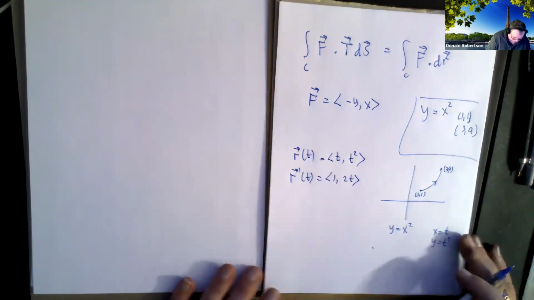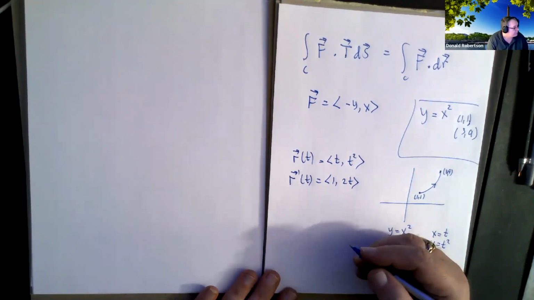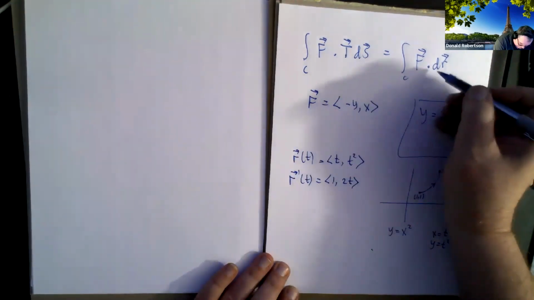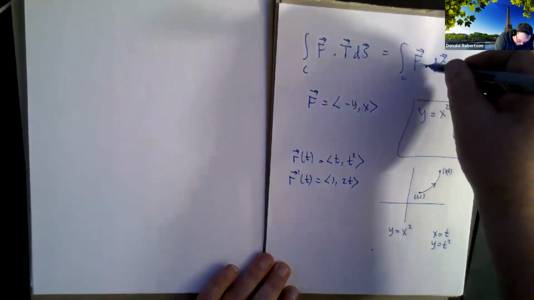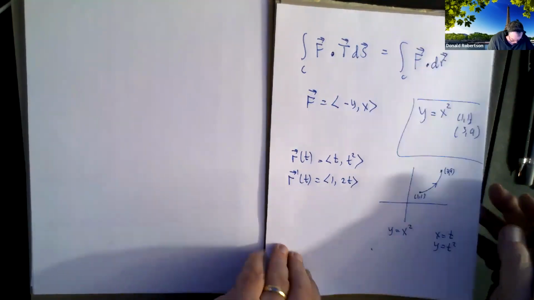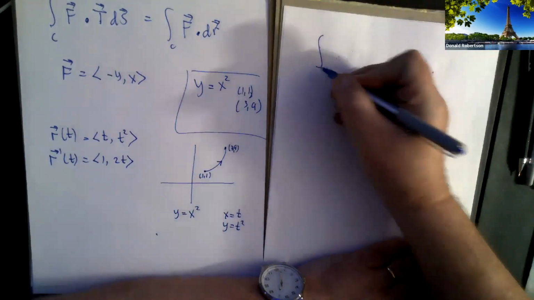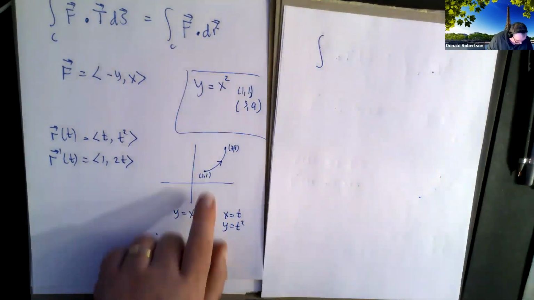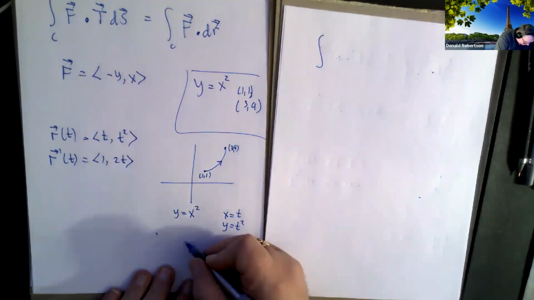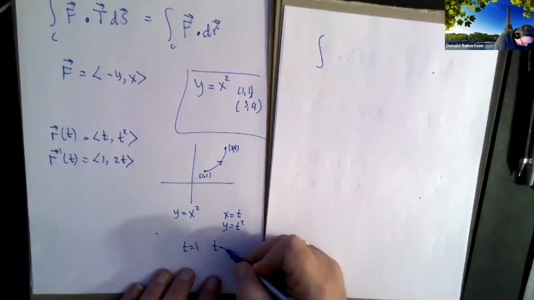We're good with that? What else do I need to do? In this case, this is a slightly different version because it's a dot product we're going to do. So let's move it over here. We are going to do the integral. Oh, I haven't done my start and finish value. 1, 1 has a t value of 1. 3, 9 has a t value of 3.